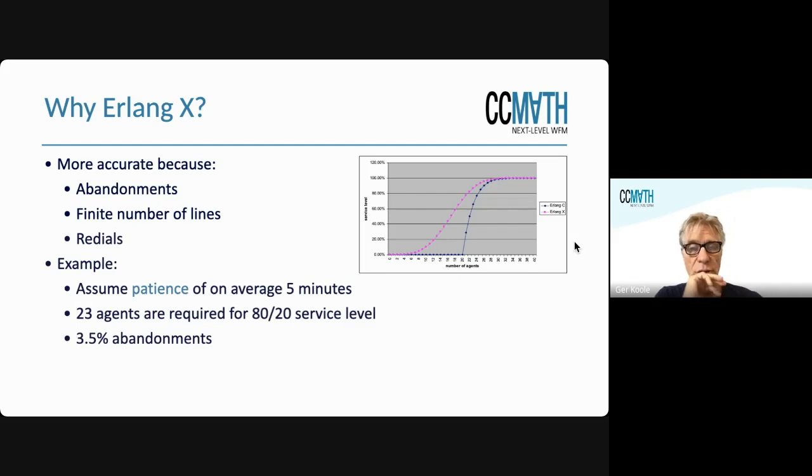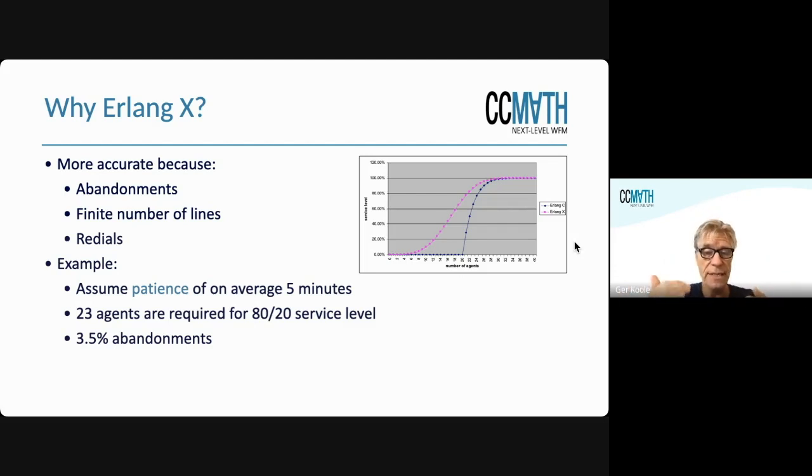And here you see a small picture. In blue, that's Erlang C. It's perhaps a bit small, but for this particular case, a different case than the number example I gave, just to give you an idea, on the horizontal axis you see the number of agents. On the vertical axis, you see the service level. In blue, you see the Erlang C. Somewhat strange behavior, because if you're understaffed under Erlang C, then you get a 0 service level according to Erlang C. That's because the queue grows and grows and grows because people don't abandon.